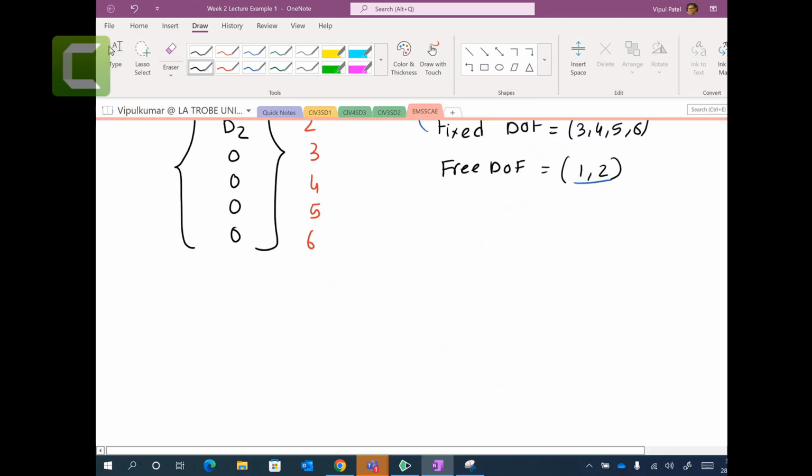So far we have done Q equal to capital K D. We have done the force vector Q, we have done the capital K stiffness matrix, and we have done the displacement vectors too.